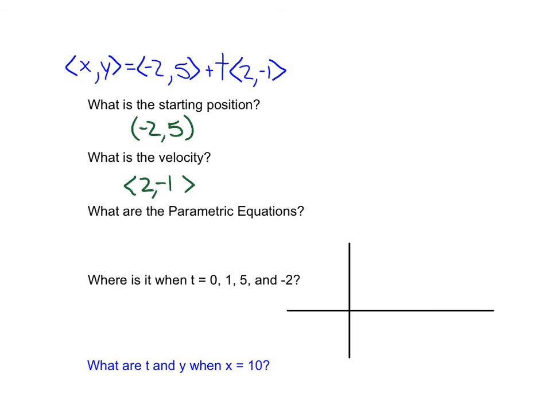Now, the parametric equations, we should have how many parametric equations in this case? 2, because we have 2 dimensions. So x equals and y equals. So what does x equal?